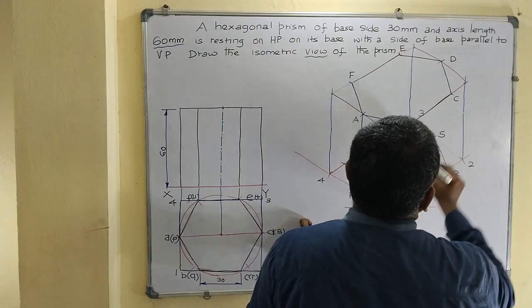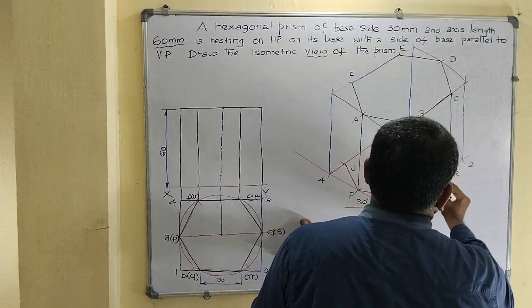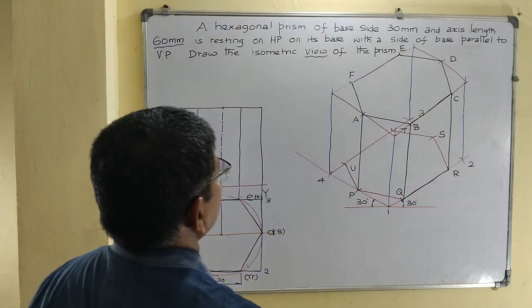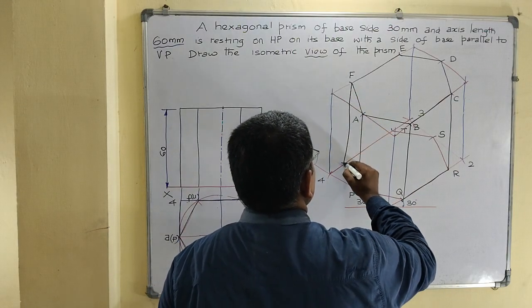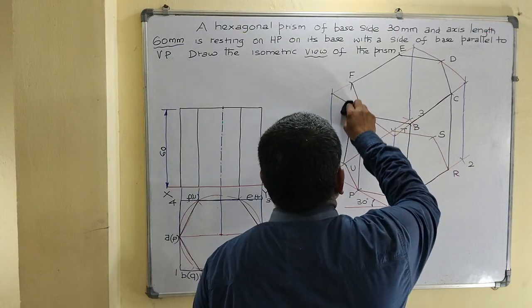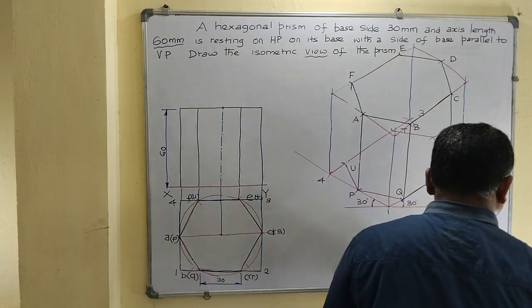Leave them as 2H. F to U, FU should be a straight line.